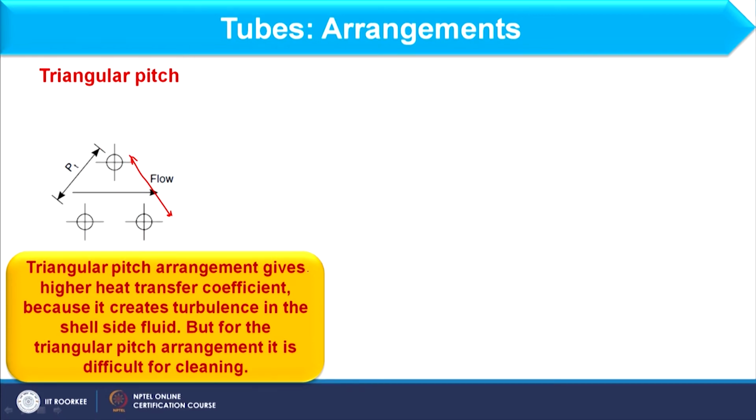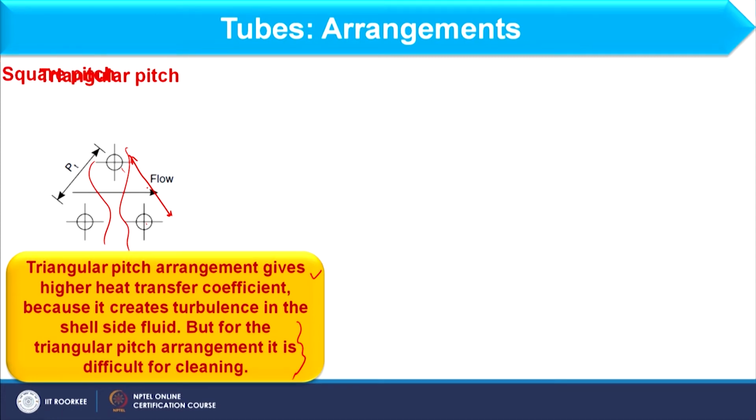Therefore, the triangular pitch arrangement gives high heat transfer coefficient because it creates more turbulence in shell side, and turbulence, as I have already discussed, as the flow will pass through the gap and then over the tube. So, it will create more turbulence. However, at the same time it gives difficulty in cleaning because space between tube is very less in triangular pitch as compared to other pitch.